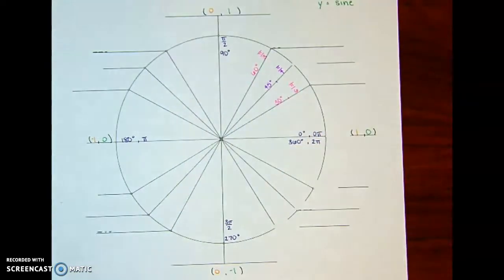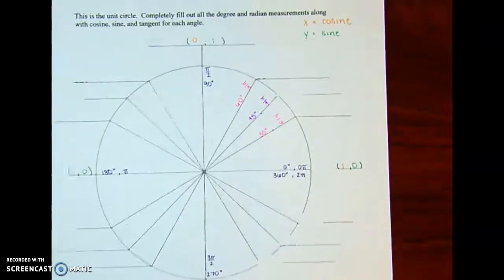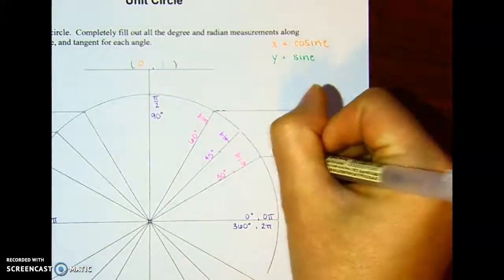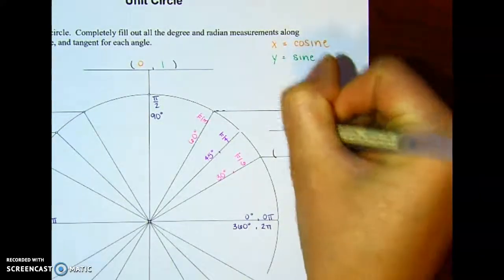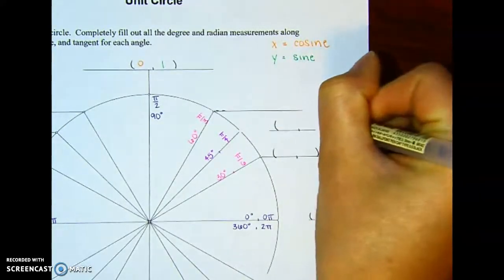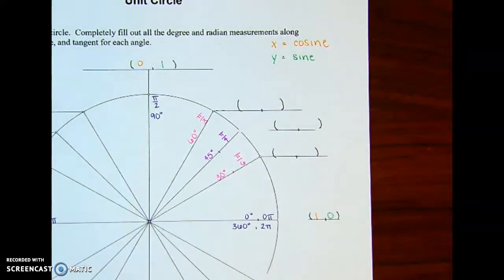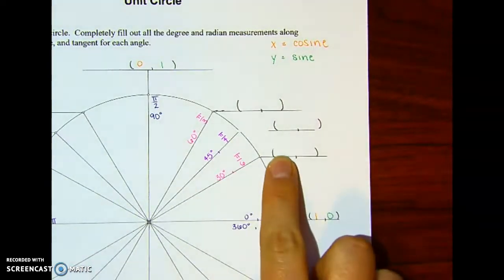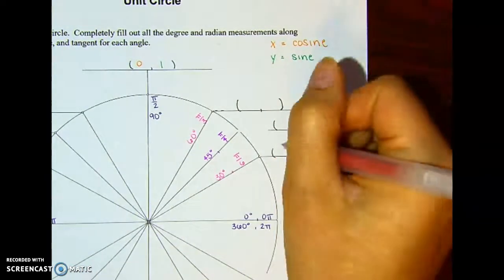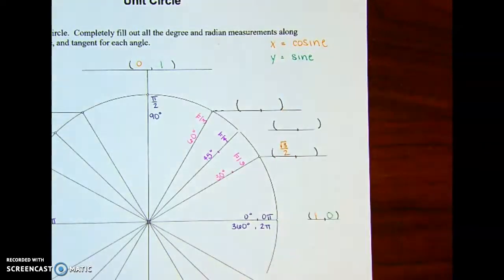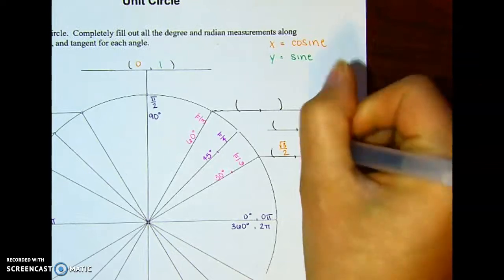And the coordinates of the first quadrant: the x value here, we derived it the other day, is going to be the square root of 3 over 2. The y value is 1/2.